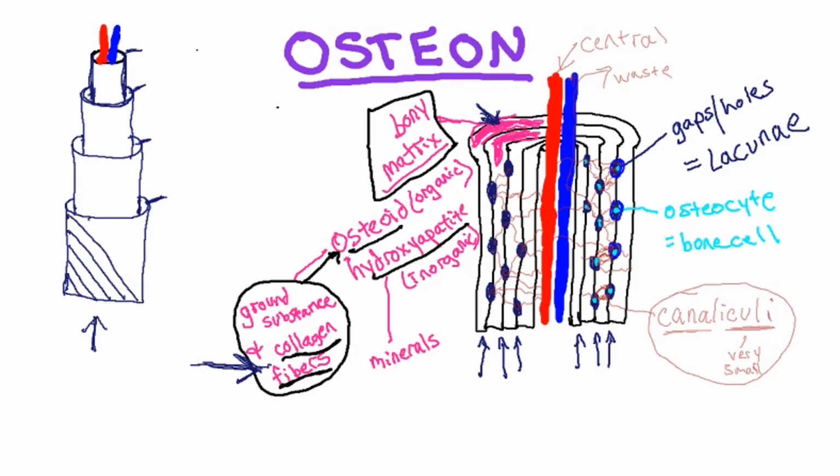And the diagonal is for strength, because if the collagen just went up and down in a striped fashion, then it could be easily ripped apart.